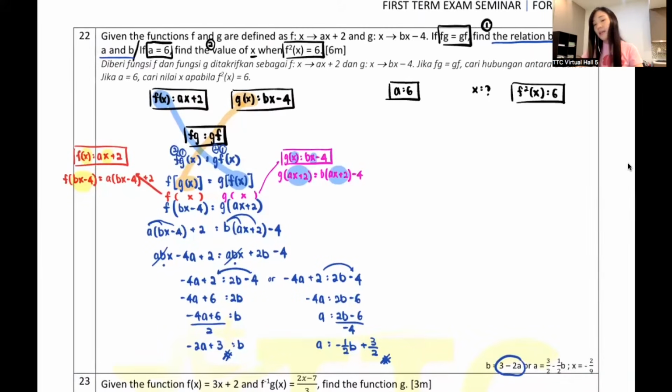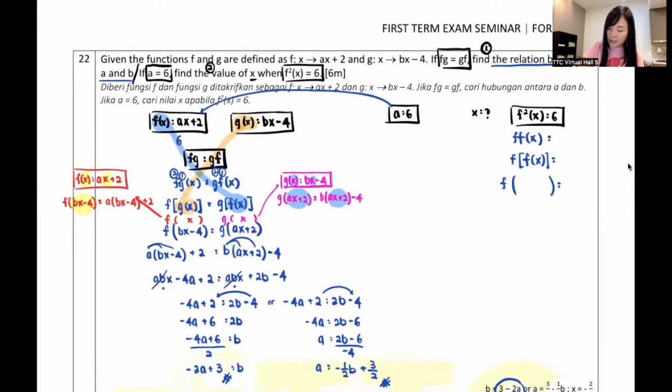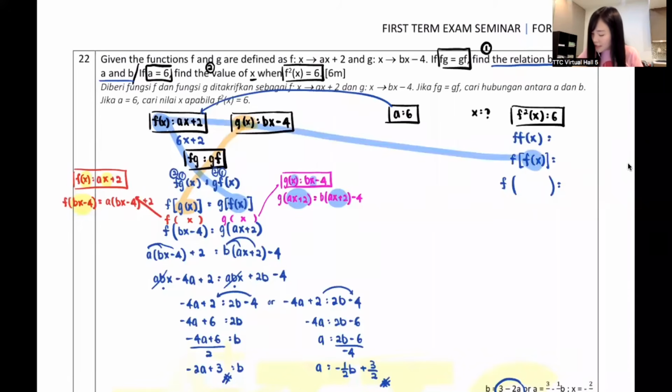So guys, I repeat again, same like the previous questions, f square means f of f of X. Again, composite function, your first step, you will separate it. After you separate, you always do the inside one first, right? Then guys, the inside is actually called fx. So they already tell me the A is 6, isn't it? That means this one I can write 6x plus 2. So I think the fx, I can sub here, 6x plus 2.